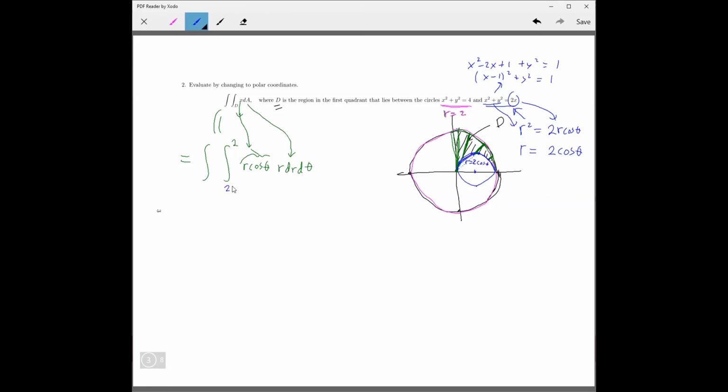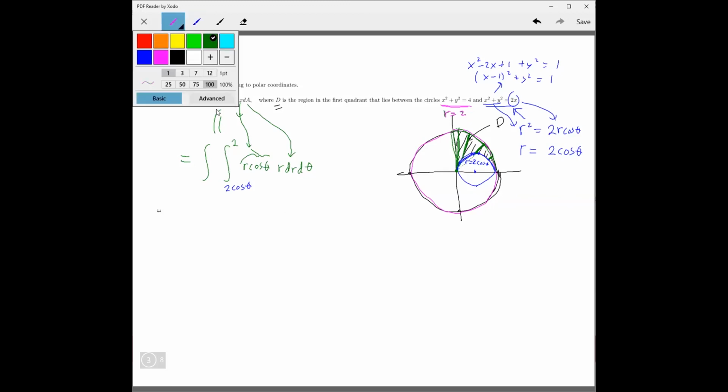So 2 cosine theta is going to be the lower limit. And what would the limits on theta be? Pointing directly this way is 0, and pointing straight up is pi over 2.